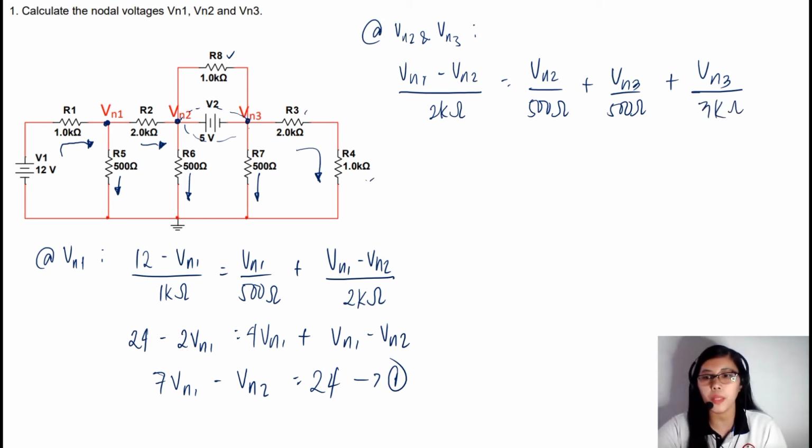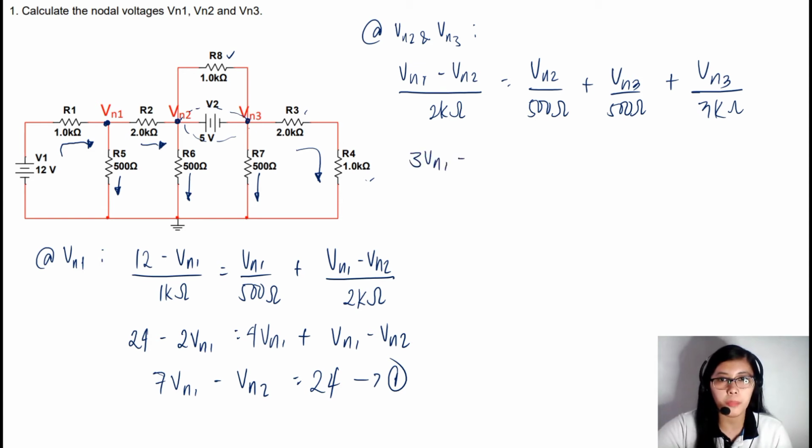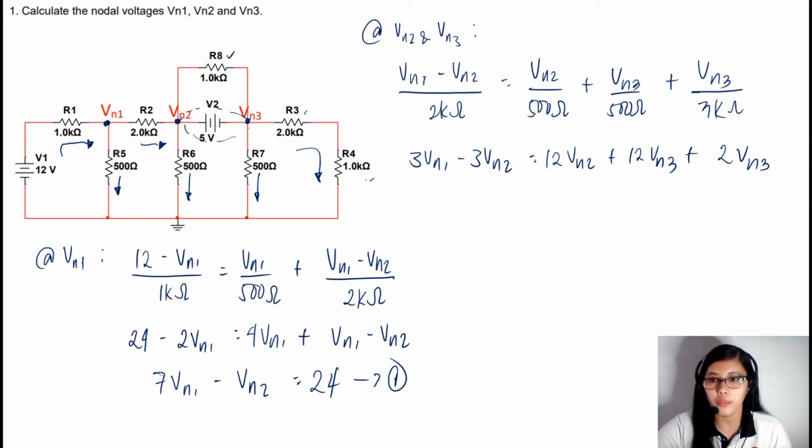Then let's multiply both sides of the equation by 6 kilo ohm. So this will be 3Vn1 minus 3Vn2 equal to 12Vn2 plus 12Vn3 plus 2Vn3.